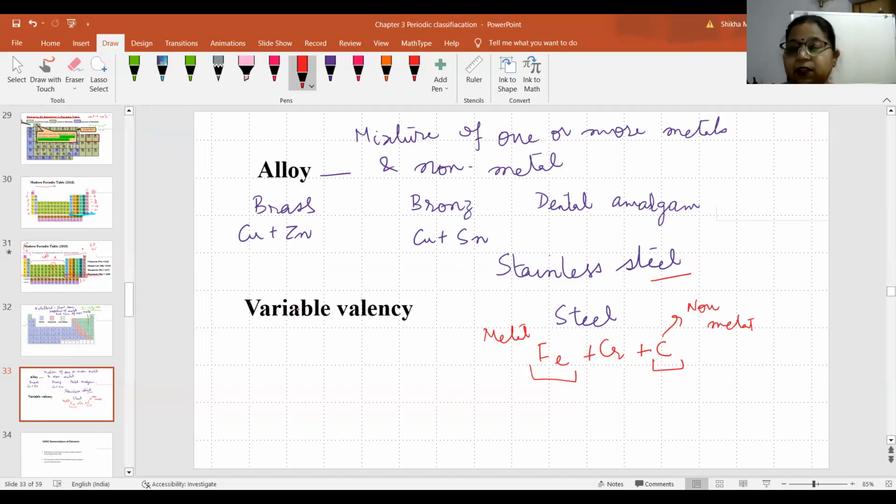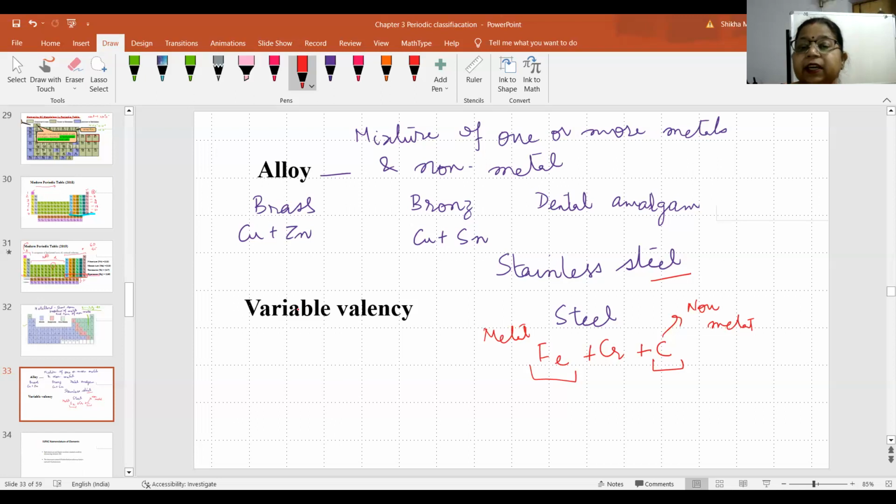So it has some percentage of manganese in it so that it becomes stainless steel, right? We do not need to remember the composition of a steel or a stainless steel, but if somebody asks you to pick up the alloy of iron, one of the answers can be steel or stainless steel. They are more or less the same thing, except for the presence of one or two elements in them, right?